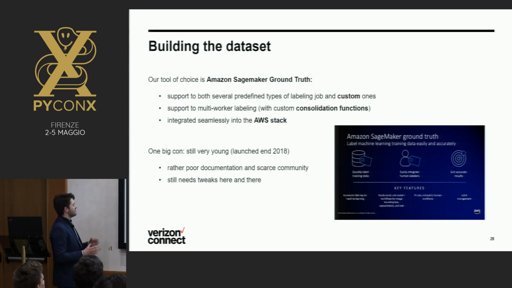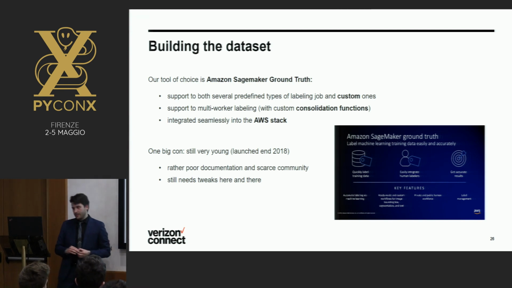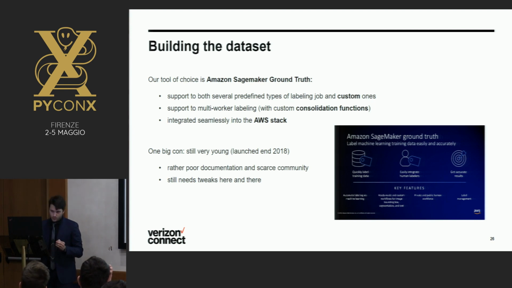It supports quite seamlessly multi-worker labeling. So if you want more than one reviewer to agree on the label before adding it to the dataset, you can do it without problems. And then it is integrated seamlessly into the AWS stack, which usually, and in this case too, is quite a good feature.